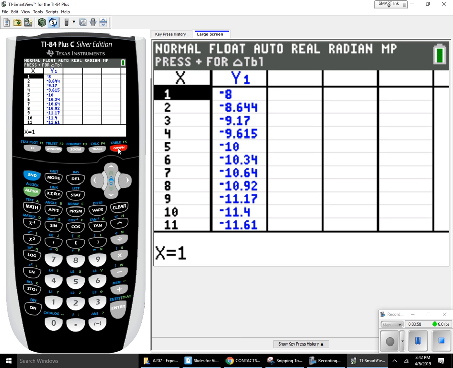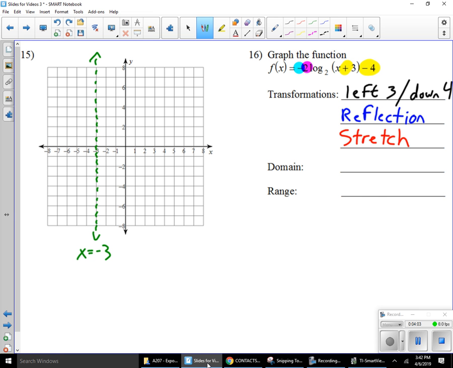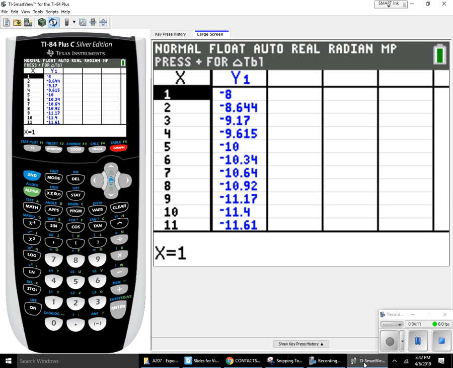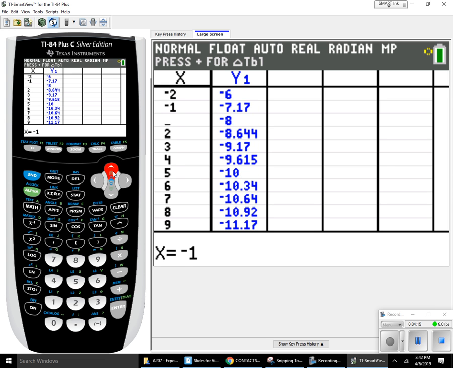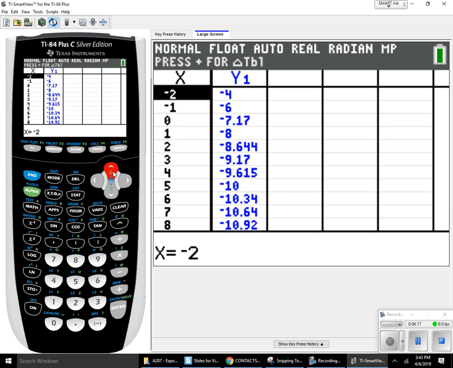Well, there's a nice whole number point, 1, negative 8. But that 1 point alone doesn't really help me figure out where this graph is. So let's scroll up because 5, negative 10 isn't going to fit. Negative 1, negative 6.